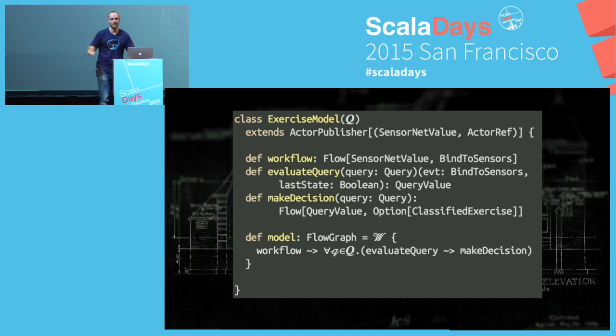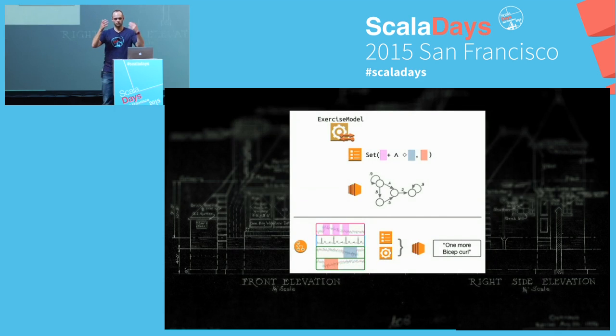The outcome is, as we said, an option of a fully classified exercise. See, queries come in, data goes in, runs through the workflow, we have bind to sensors with the facts, the pink, and blue, and orange, and then for each query, feed it to the query evaluator, the decider, and the result is a fully classified exercise.